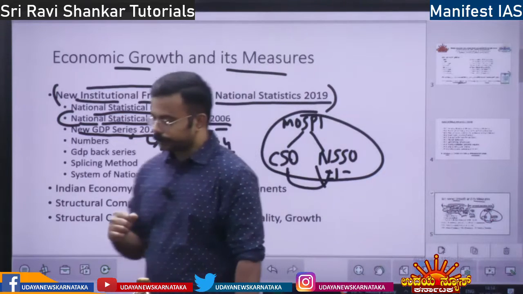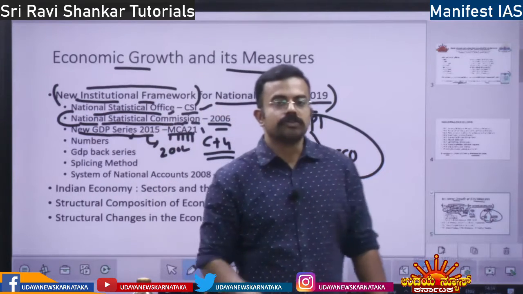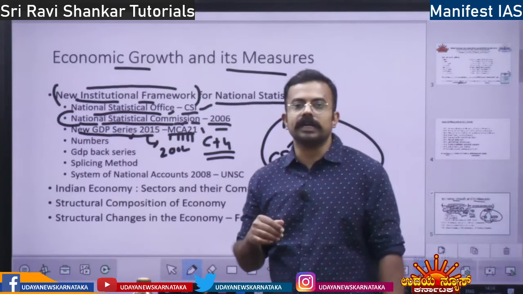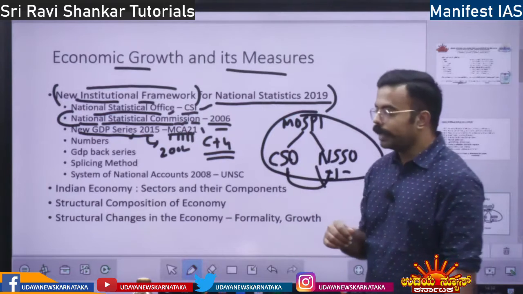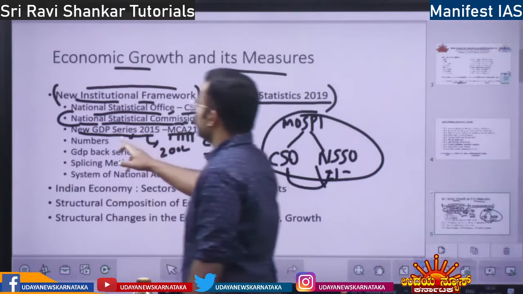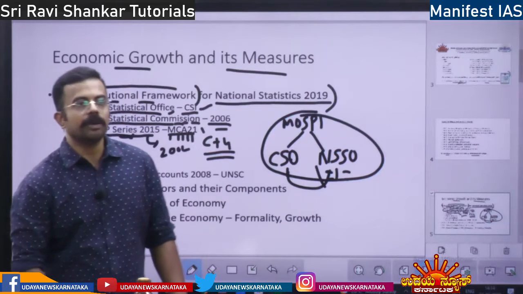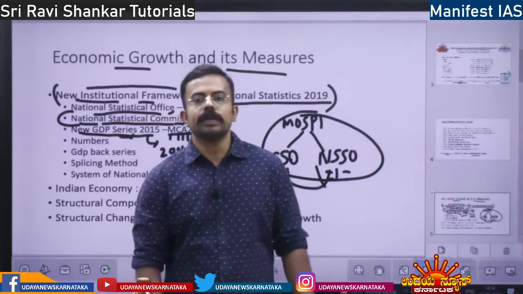All of these things were not available in earlier times. Even solar energy was not prominent earlier. Now there are solar vehicles, electric vehicles, so many new things. Why a new GDP series? If we calculate GDP on the old series, the new products won't be included.